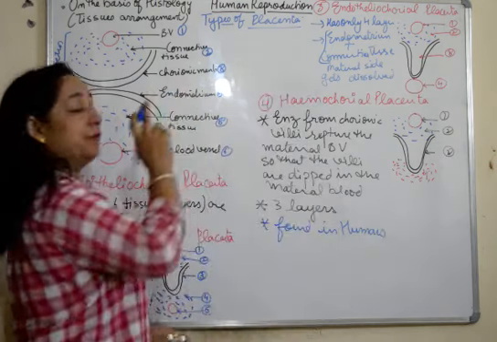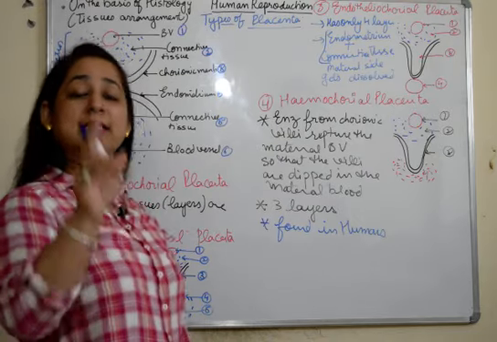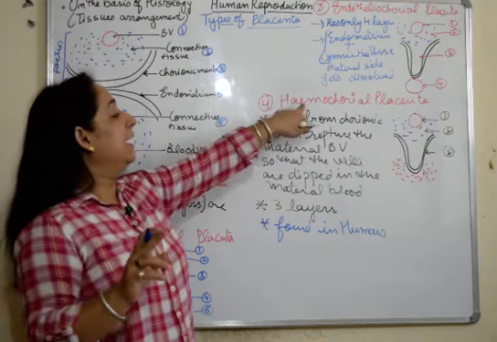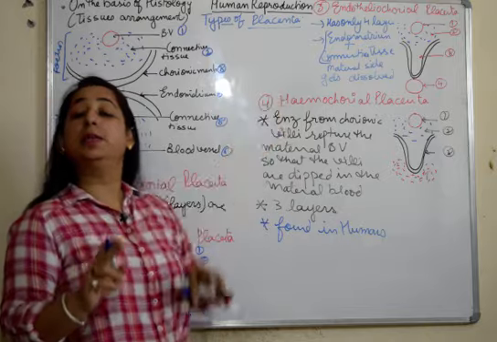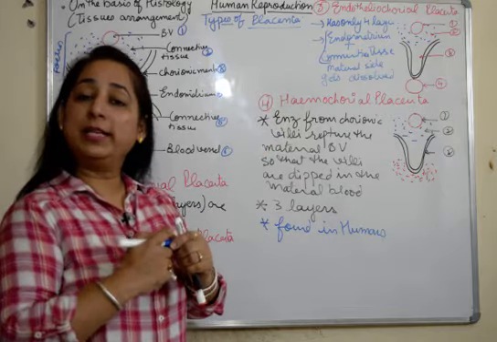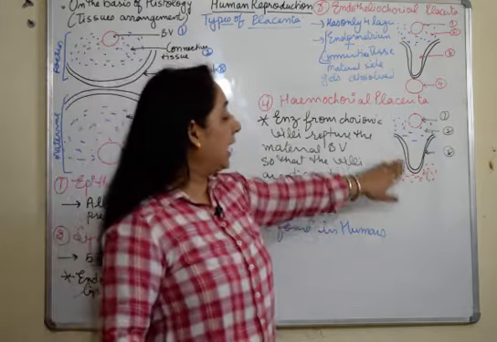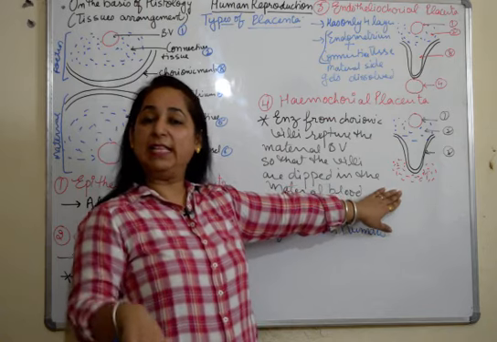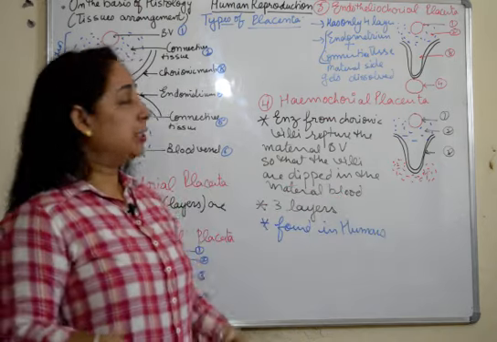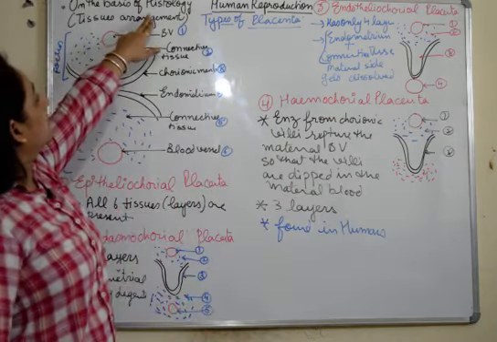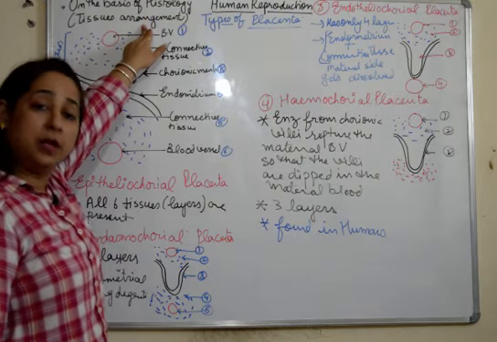Fine. So this is one of the features of placenta of humans, that the human placenta is hemochorial placenta. It's a hemochorial type of placenta wherein the villi dip in, or bathe in, the maternal blood. So these are the different types of placenta on the basis of histology or arrangement of the tissues.